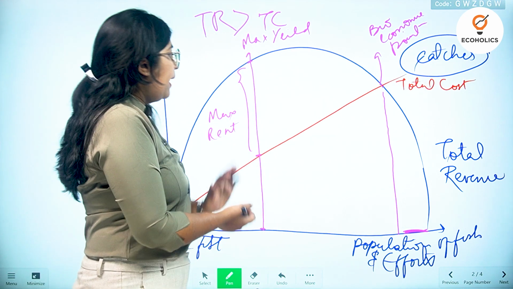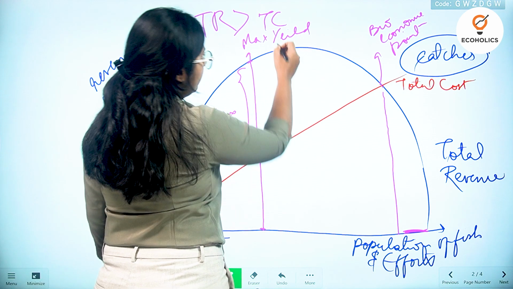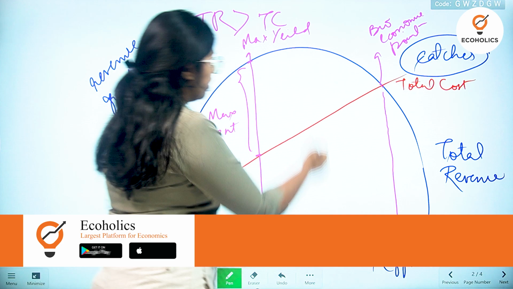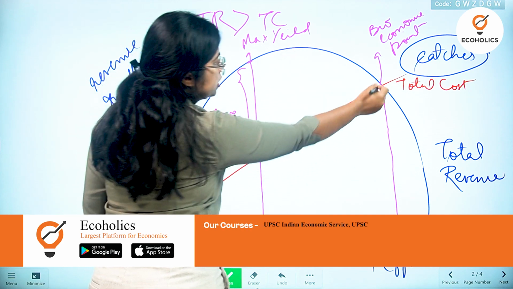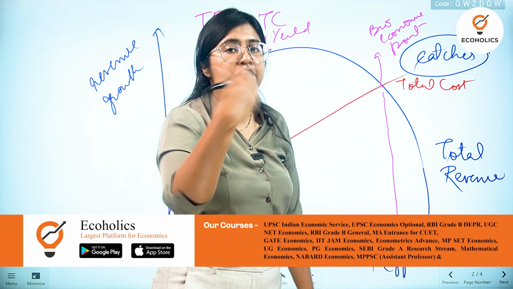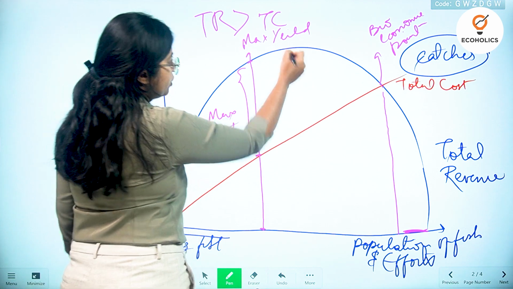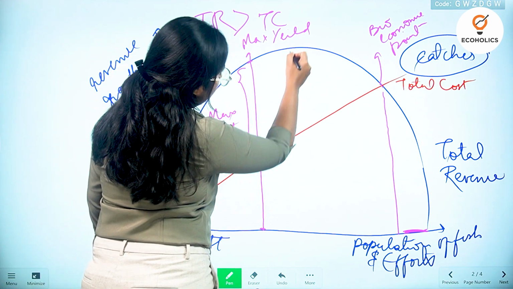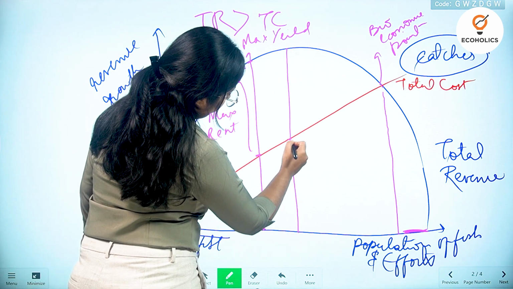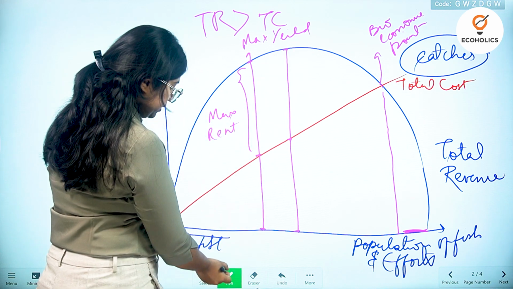However, there is also another point where the total revenue will be equal to the total cost. Not this point, the point where actually the cost or the effort that is made is equal to the revenue earned. So let's say that this is that point.